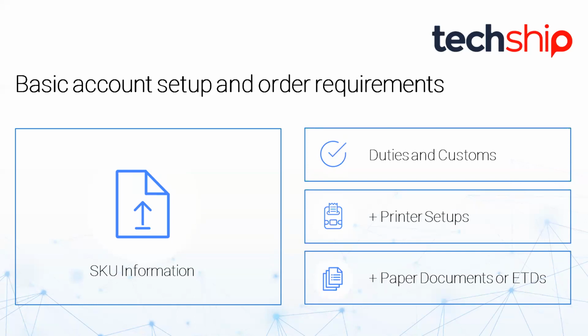It's also important to set up your printers properly, regardless of the application you use at the warehouse, whether you're using the techSHIP web client with the print client, or the techSHIP desktop client at the pack lines.